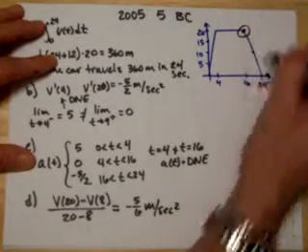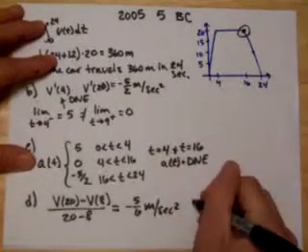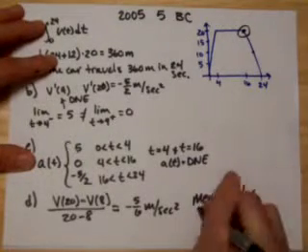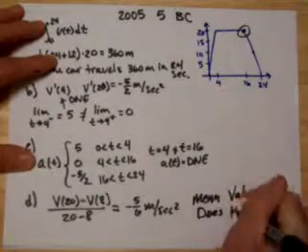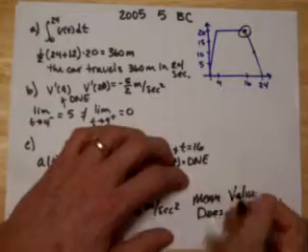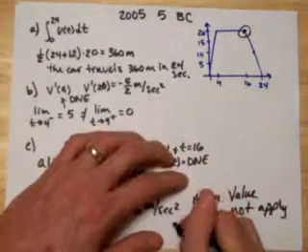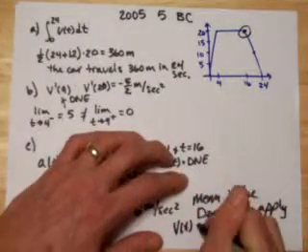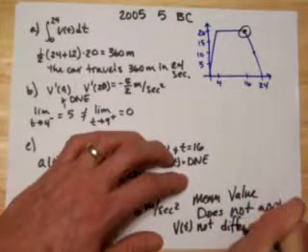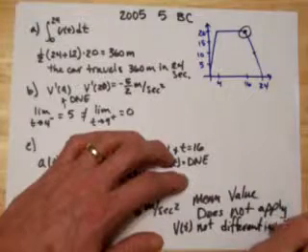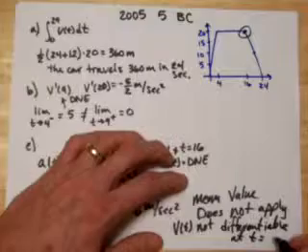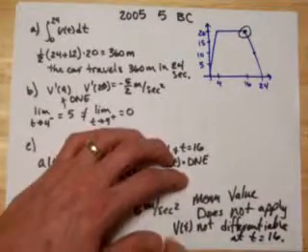Right here there's a problem. V of t is not differentiable at t equals 16.